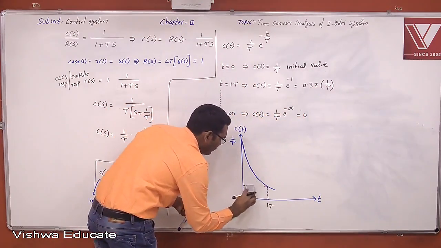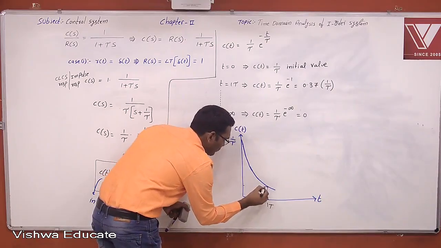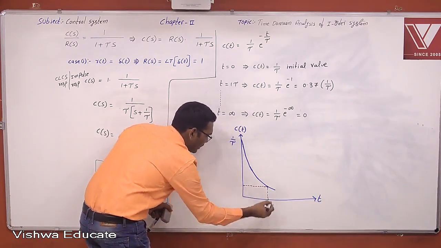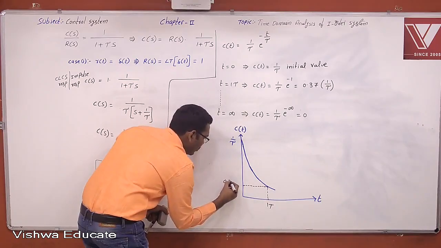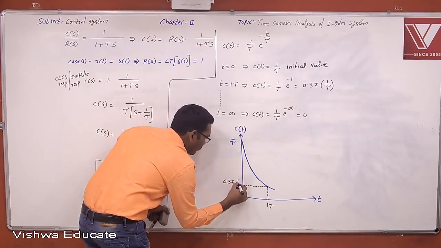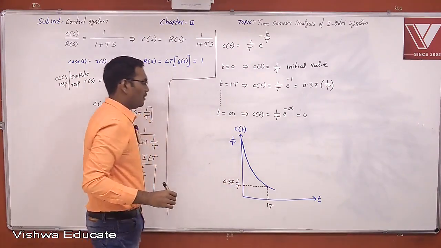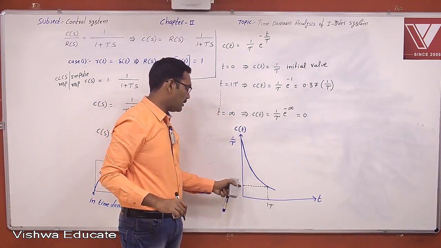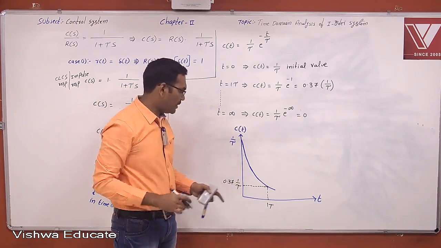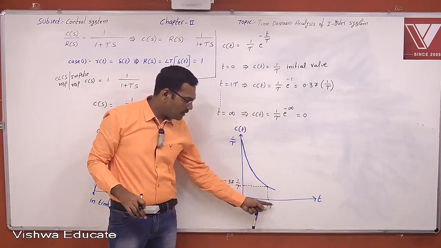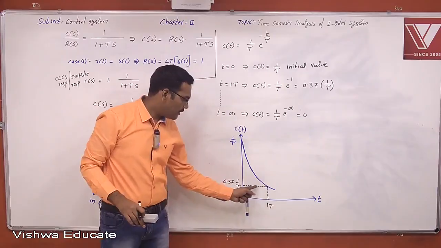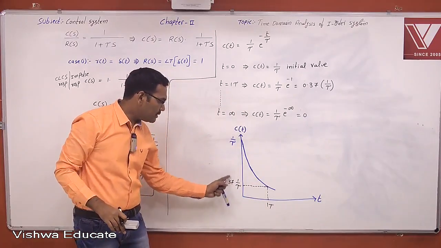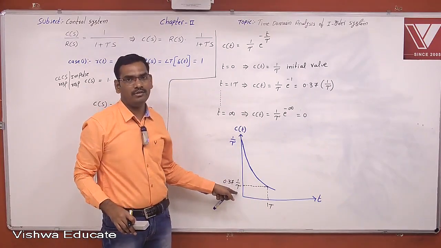Therefore, when time is 1 time constant, it is 0.37 of 1 by tau. When t equal to 1 time constant, the response reaches 37% of the initial value.